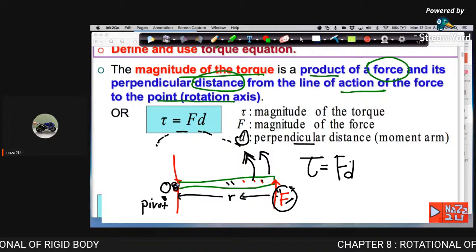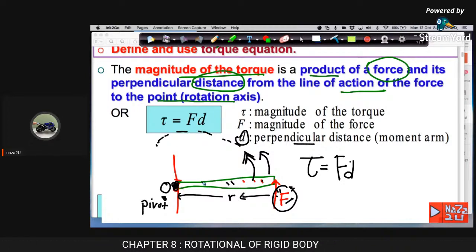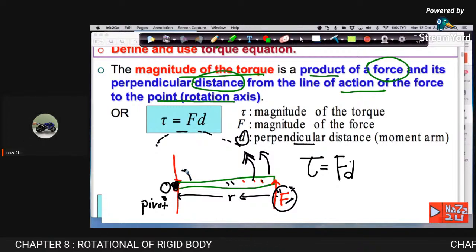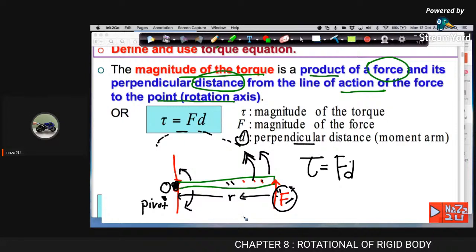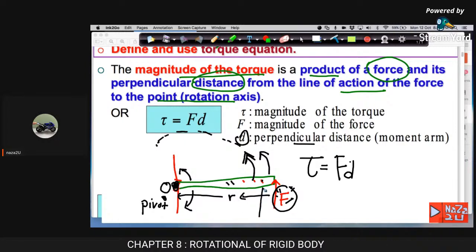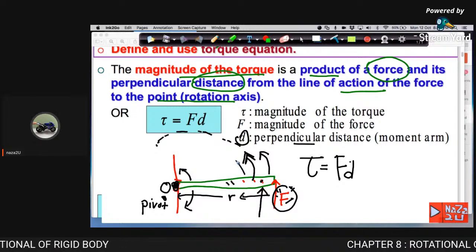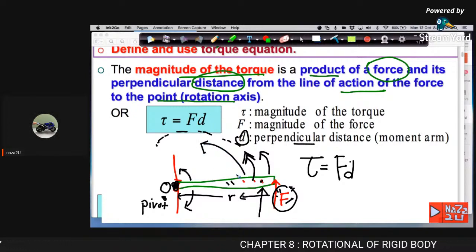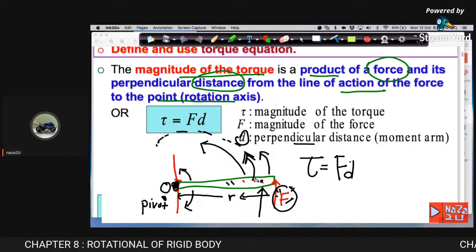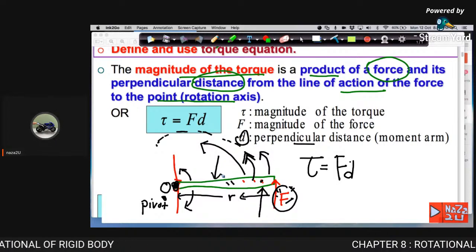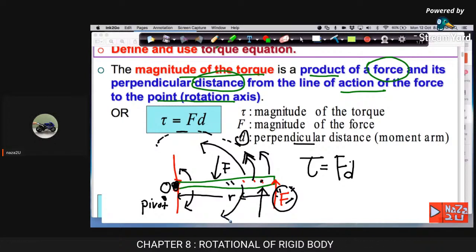Kita letakkan satu jasad kat sini. Jasad ni dia free, dia boleh bergerak ke atas ataupun bergerak ke bawah. So if you have an external force to push the object upward, meaning the object can move or rotate. Alright, this direction is anti-clockwise, or you can use a downward force that can make the object move downward.